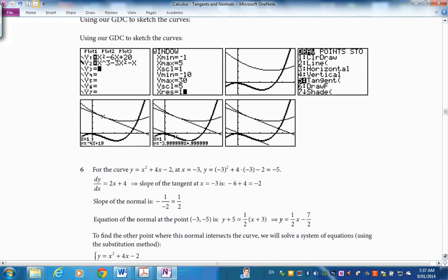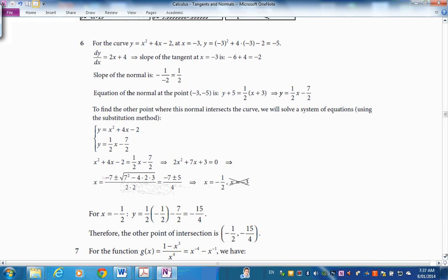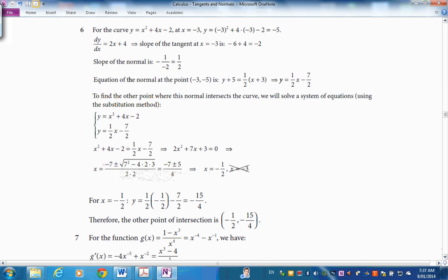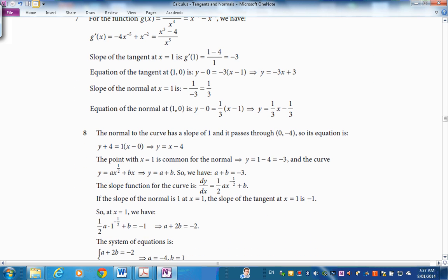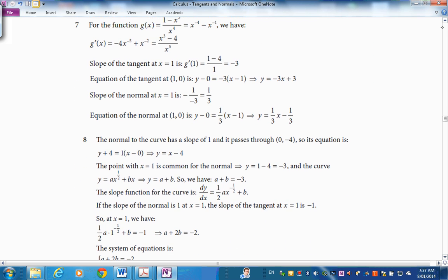Let's have a look at question 6. Question 7 now. Oops, we'll just go back up a bit there. Question 7, part of 8. 8's a bit more theoretical.